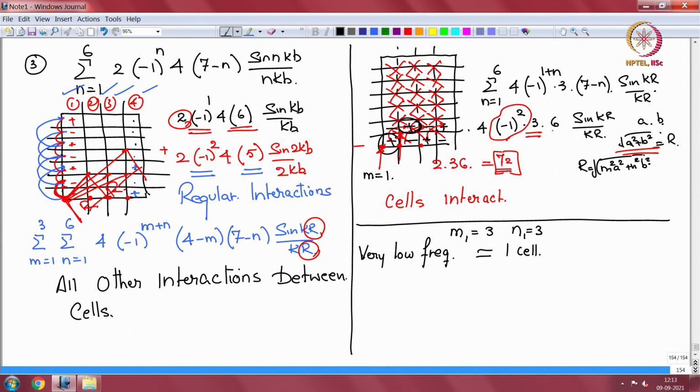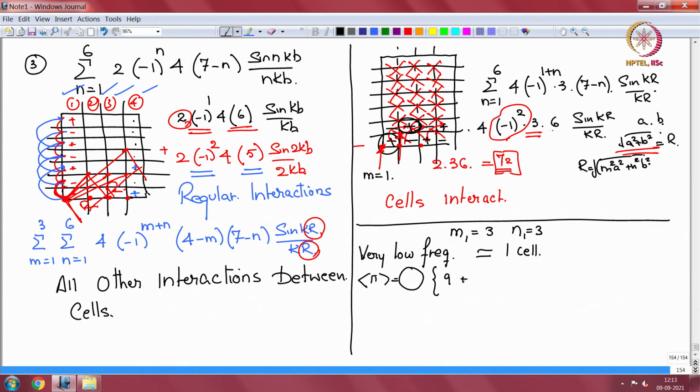So if I write the formula, let me write the formula. Okay, the formula for power: outside there was a constant representing 1 cell, and inside I have m1 n1 which is 9.